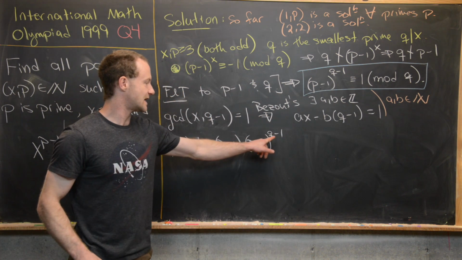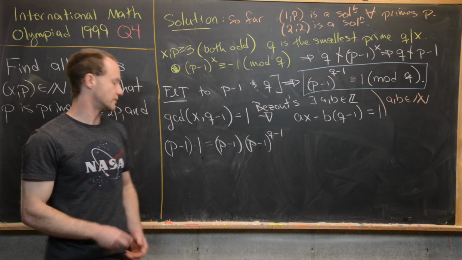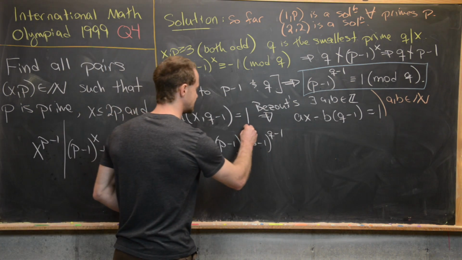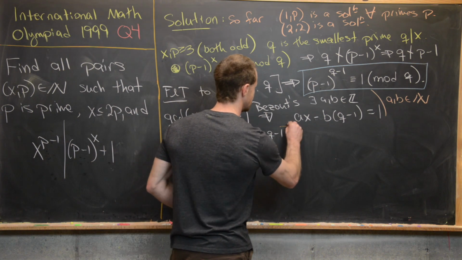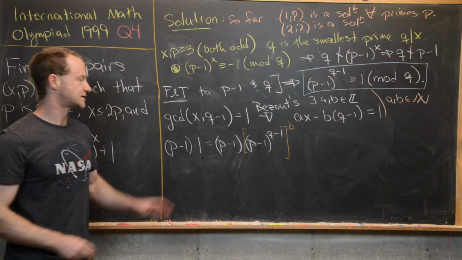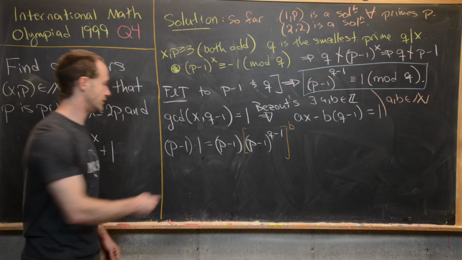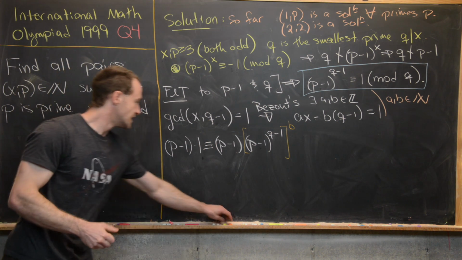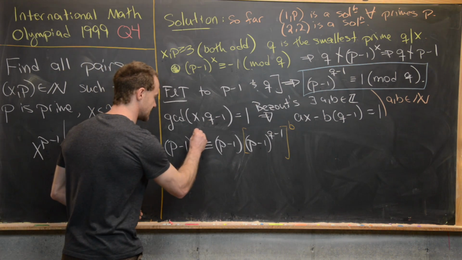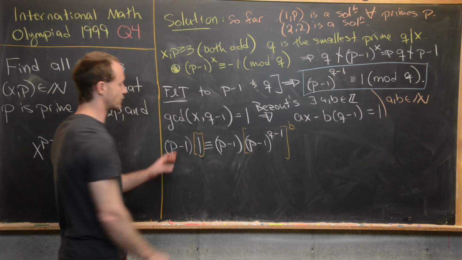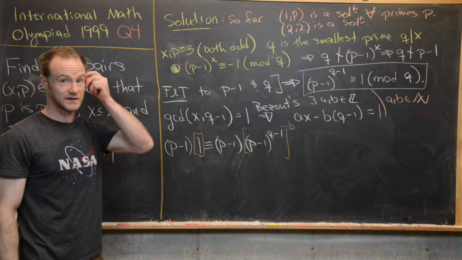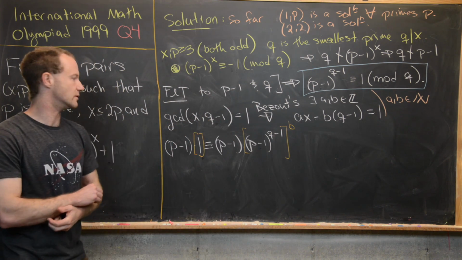Now notice this p minus 1 to the q minus 1 is congruent to 1 mod q, which means if I raise this to the b power, that's also going to be congruent to 1 mod q. And I should have a congruence here, not an equal sign. Great. So what I've done is take this 1 here and re-express it as something that is congruent to 1 mod q. So this is all working mod q.